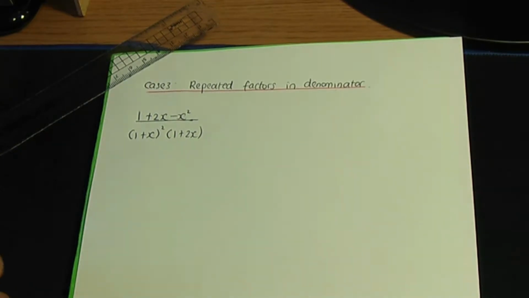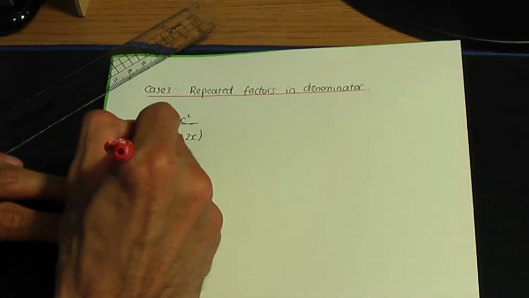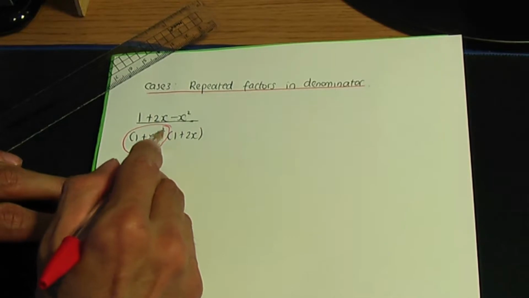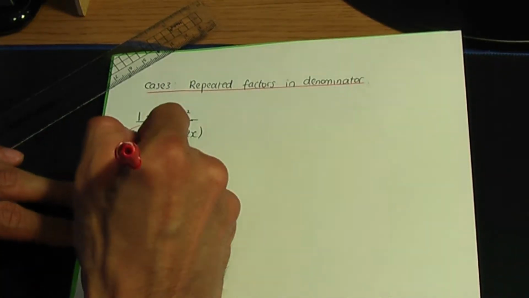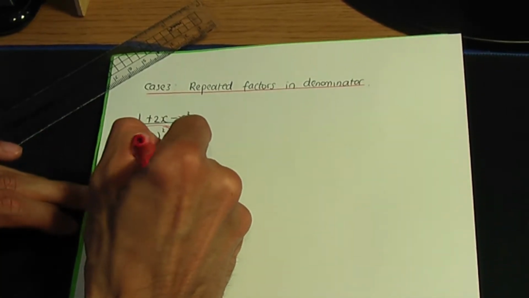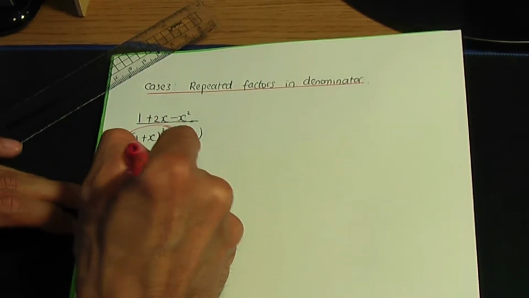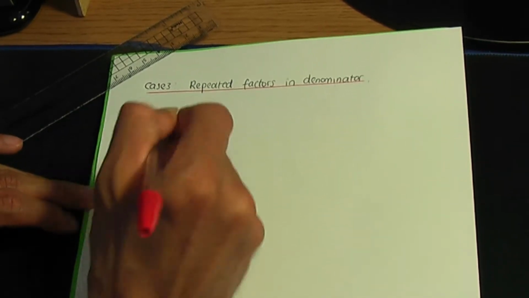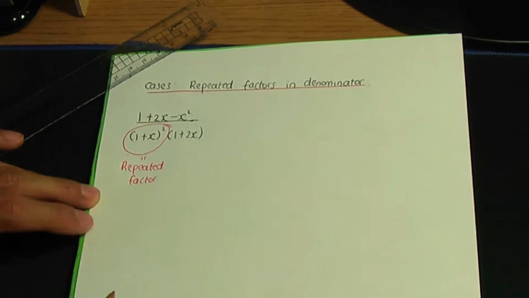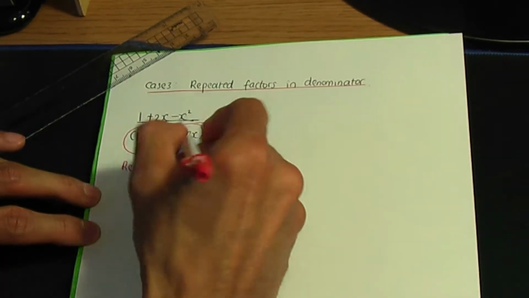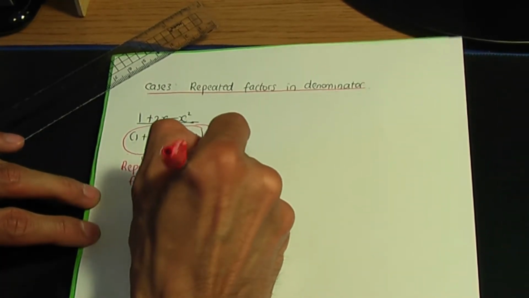As you can see over here, I have a factor of 1 plus x repeated twice. So here is my repeated factor, and here is my linear factor.